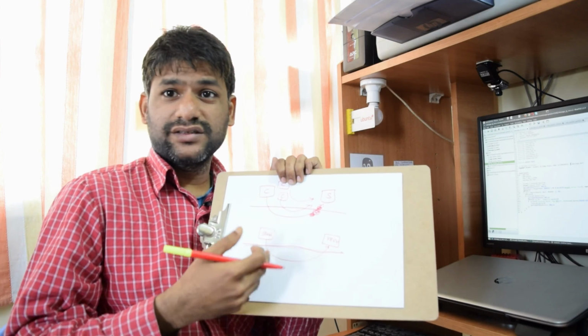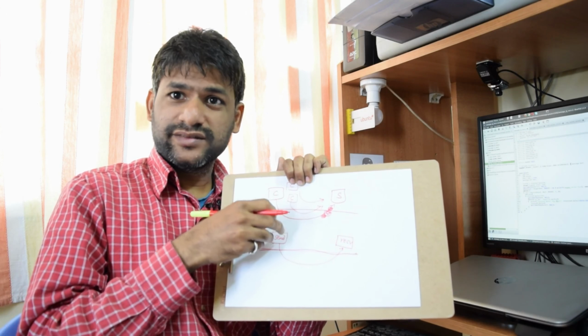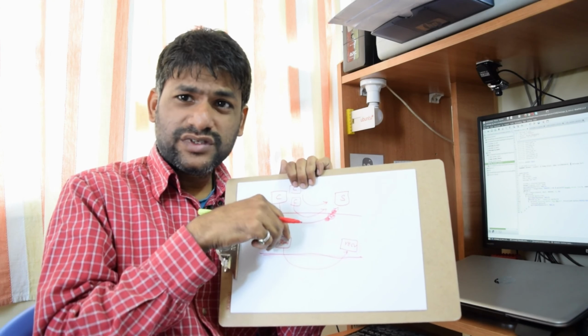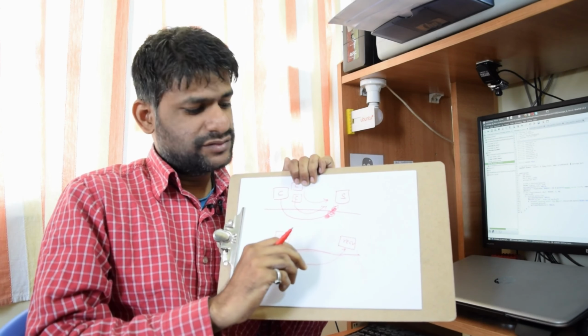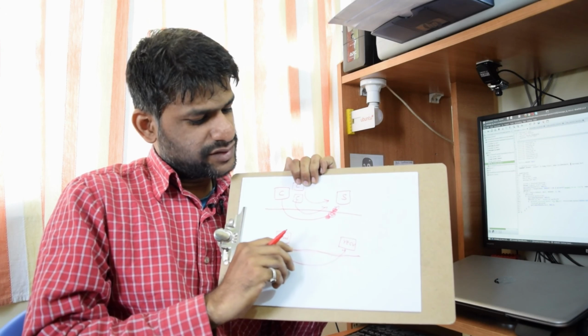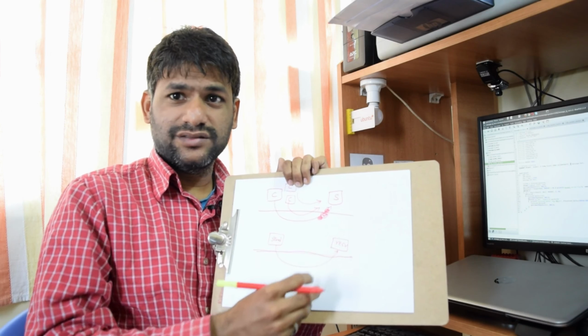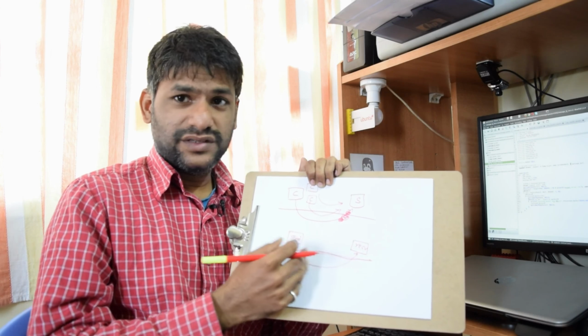Effectively this entire thing is going to be supported in the kernel space, the data, because we should not call this packets. The data has to go from user space to the kernel space, and then through the message queue subsystem it is going to get passed, and then it is going to be received in this receiving instance. So this is effectively what is going to happen, and this is what we are going to test.